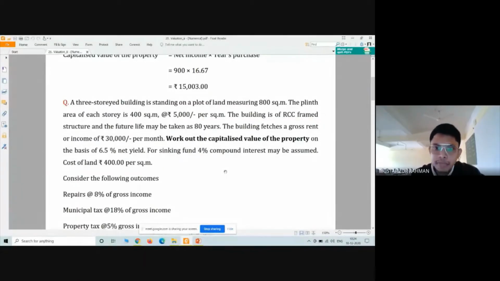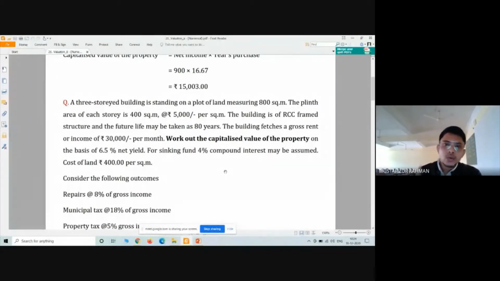Now we understand the meaning of the capitalized value of the property. If we are getting some income from the property, from the building, how much money imaginarily would I have in a bank that will give me the same income as the building, or the property, is giving me.